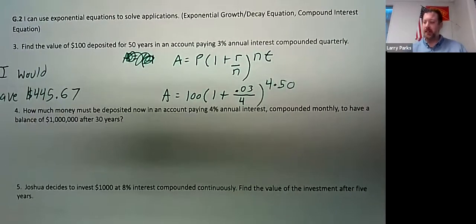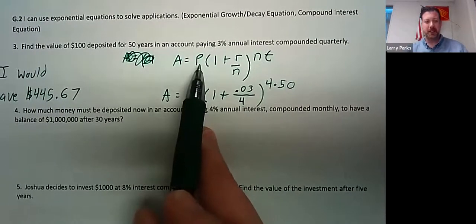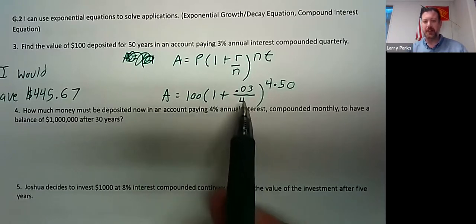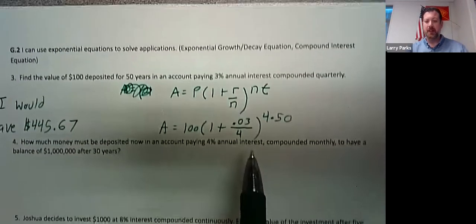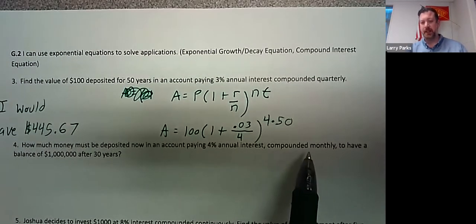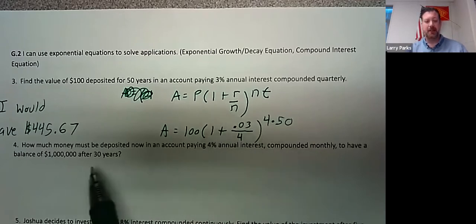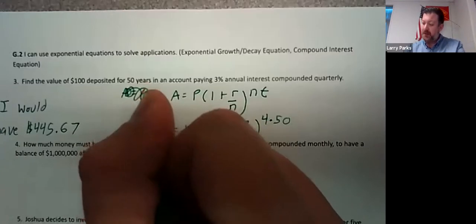Now, how much money? So now, what is P going to be? And an account paying 4%, so r is 0.04. Annual interest, so n is 1. Oh, no, compounded monthly. Sorry, n will be 12. To have a balance of $1 million. How much money after 30 years? Well, I'm trying to get $1 million.